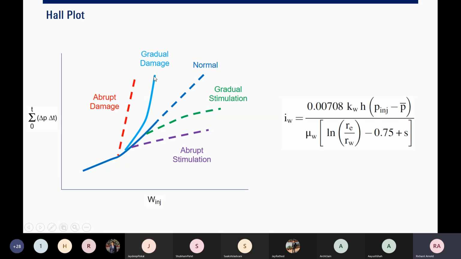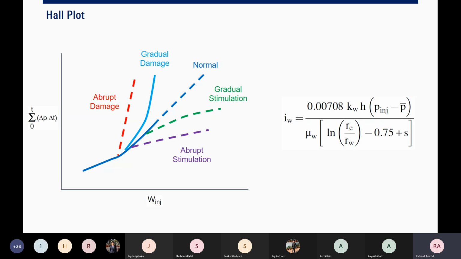So the injectivity will drop, maybe because of low quality water injected into your injectors, maybe dirty water, due to solids, due to oil in water content, and of course, you will suffer formation damage or injectivity impairment. That's what the Hall plot can tell you.